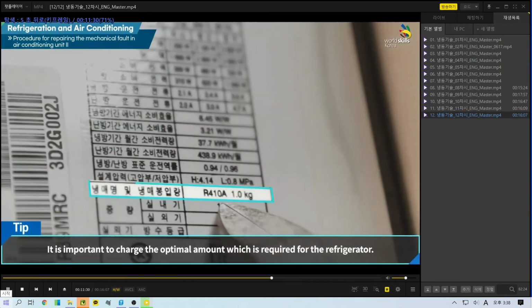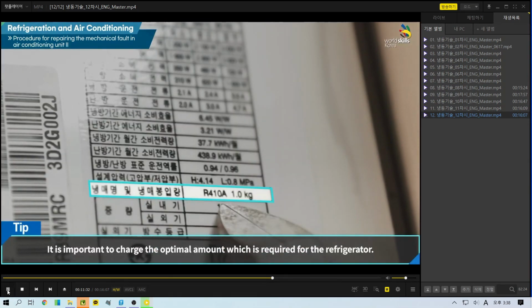예, 방금 전에 보신 것처럼 냉매가 얼마큼 한글로 써져 있긴 한데 R410A를 1kg 주입해야 된다고 명판에 나와 있네요. So you can see about how to recharge the refrigerant briefly in the video clip what I just played now.